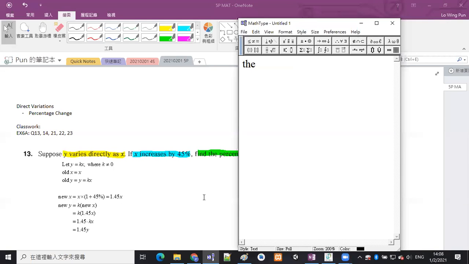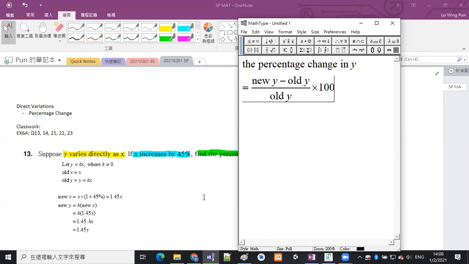The percentage change in y is equal to the new y minus old y, divided by old y, times 100%. The new y is equal to 1.45y, and the old y is just y, and then times 100%.